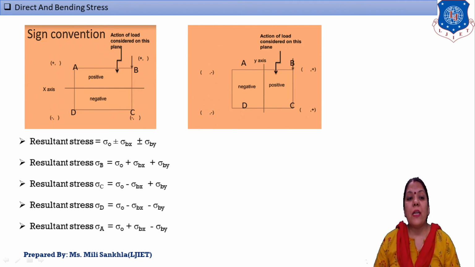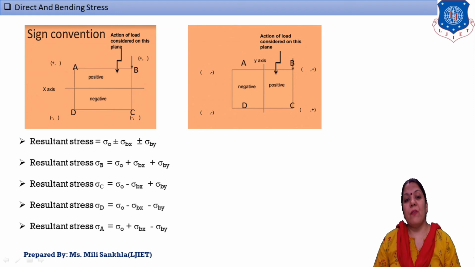At corner D, that means this corner, the value of x is minus sigma bx, and the value of y is also minus sigma by. Now at corner A, direct stress is given, sigma 0, and the value of x is positive, sigma bx, and the value of y is negative, minus sigma by.